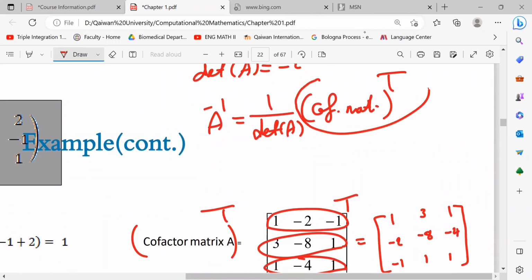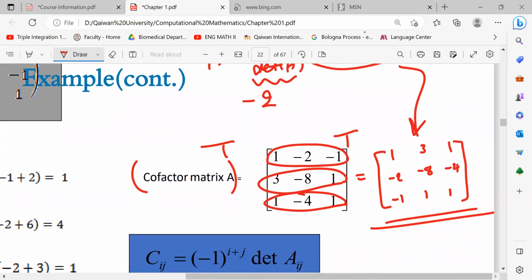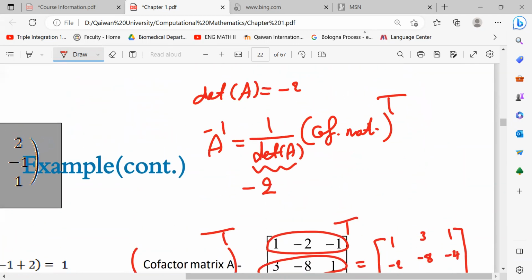So this is that matrix. And the determinant is -2. So we just multiply each element here by -1/2, or divide each element by -2, to get the inverse. Let's write down here.